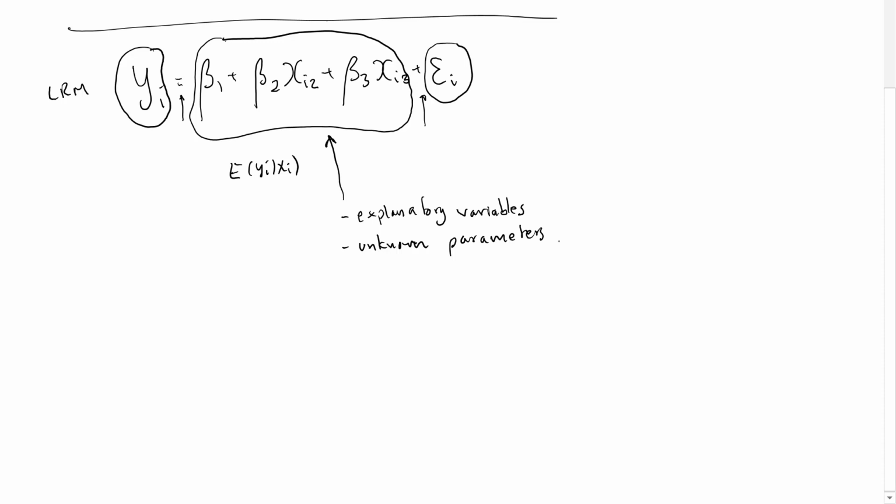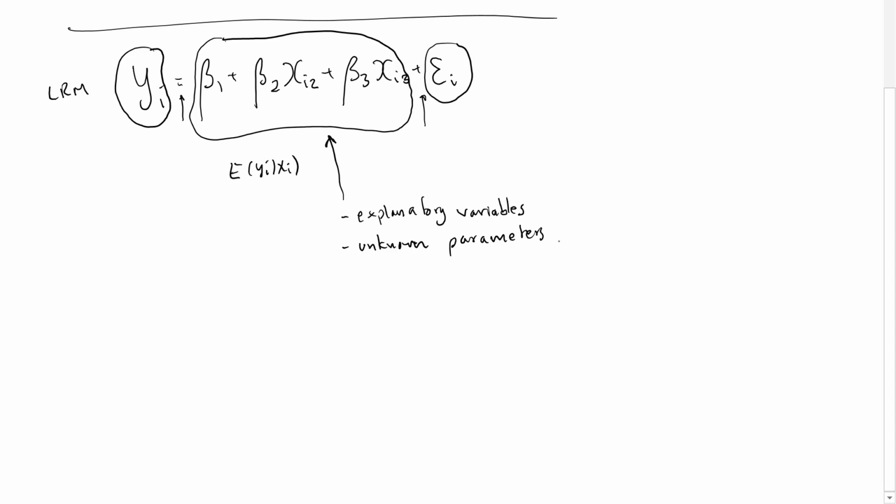As this is a linear regression model, this particular blob is a linear function. So the way to generalize this is simply to allow this blob to contain an arbitrary mix of explanatory variables and unknown parameters. Not necessarily a linear mix like in this case, but any mix.